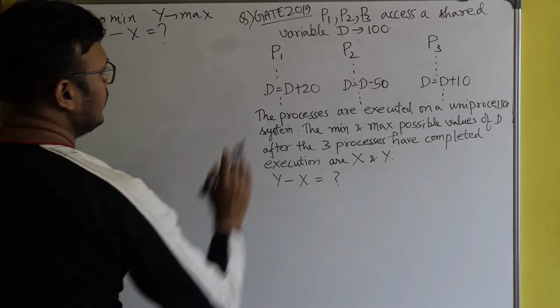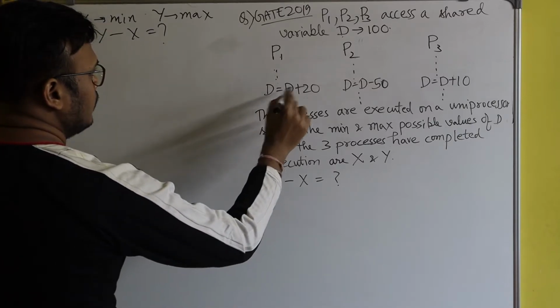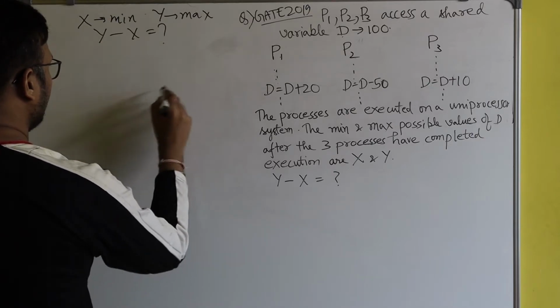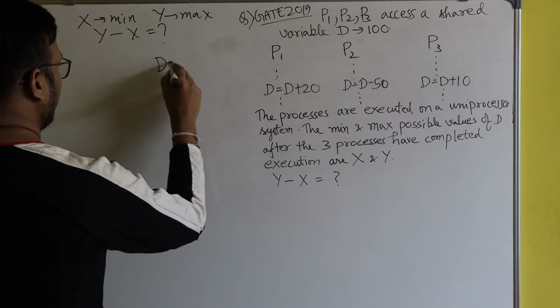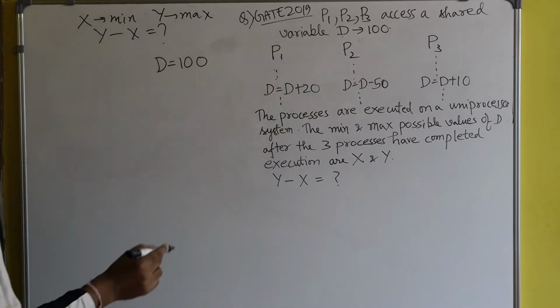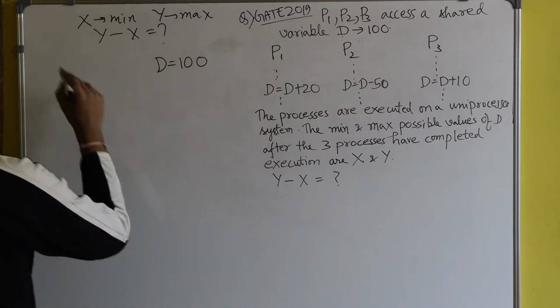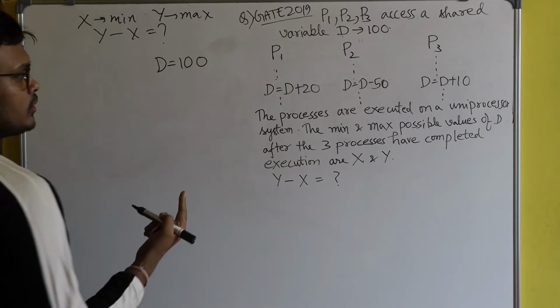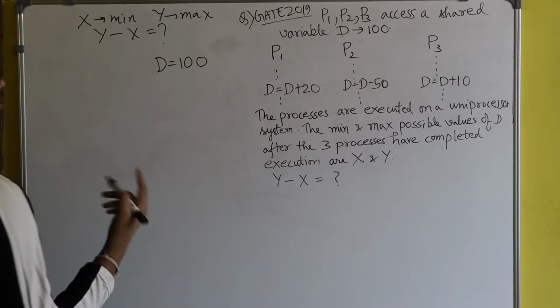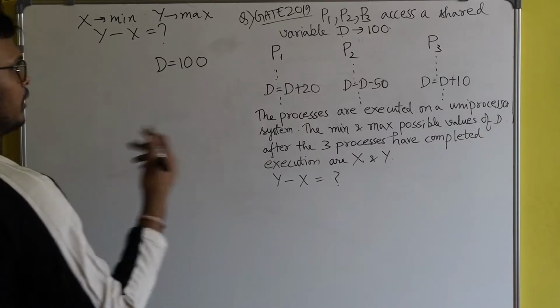Here you can see D is initialized as 100. Now suppose the CPU is with process P1. It is a uniprocessor, so there will be only one CPU which will be switched between the processes P1, P2 and P3.